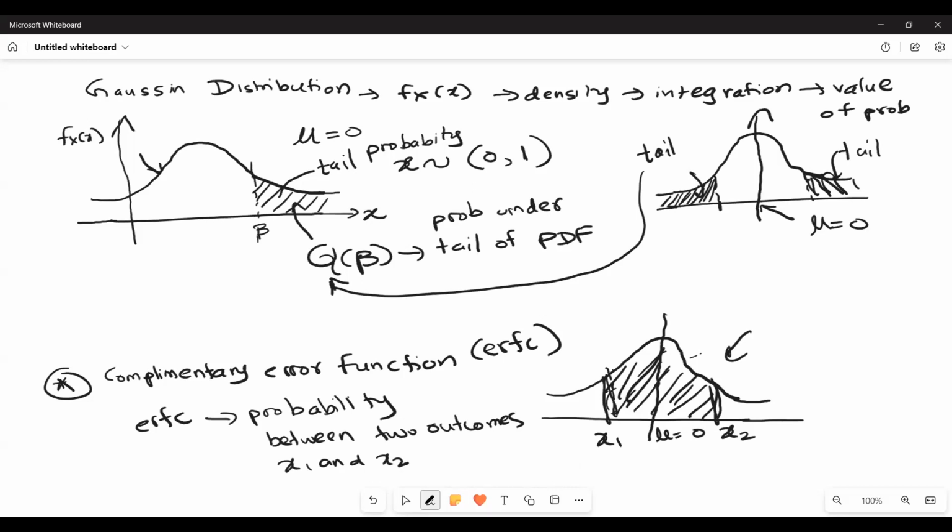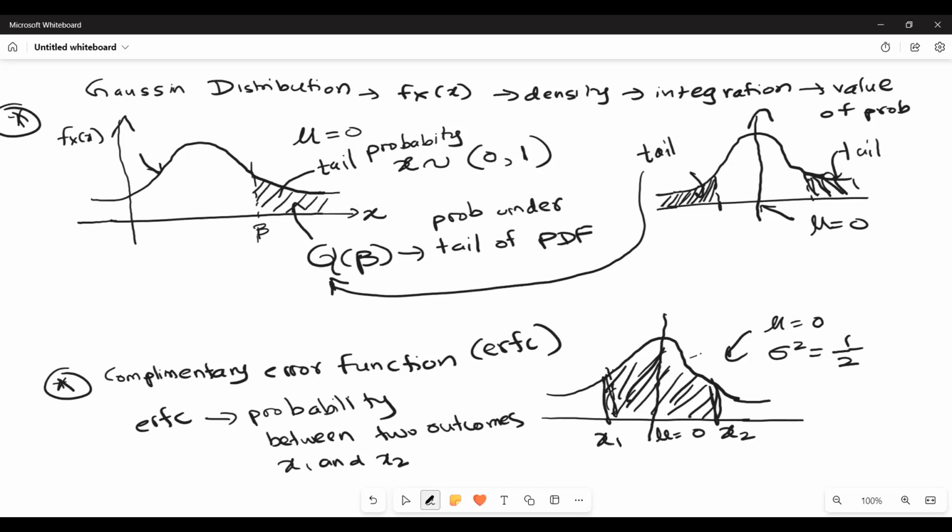I said earlier that the Q function was defined for mu equals 0 and variance equals 1. The complementary error function is defined for mu equals 0 and variance equal to half. So those are the slight differences. Mu is equal in both the Q function and the error function, but the variance is half in the error function, right?